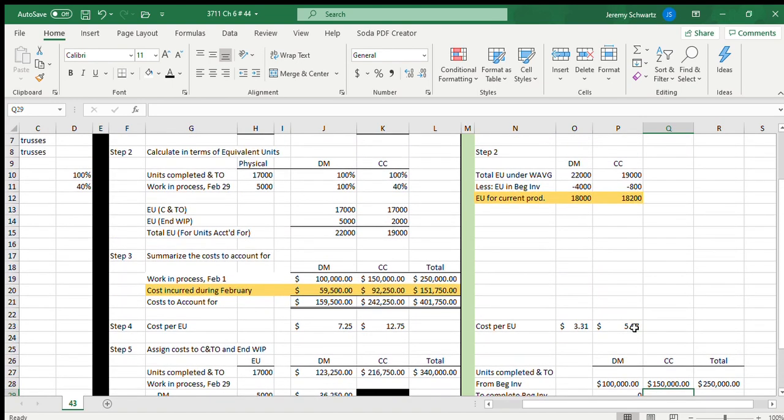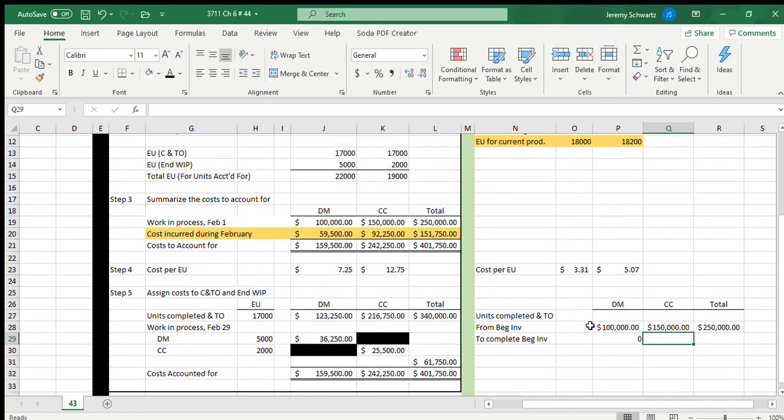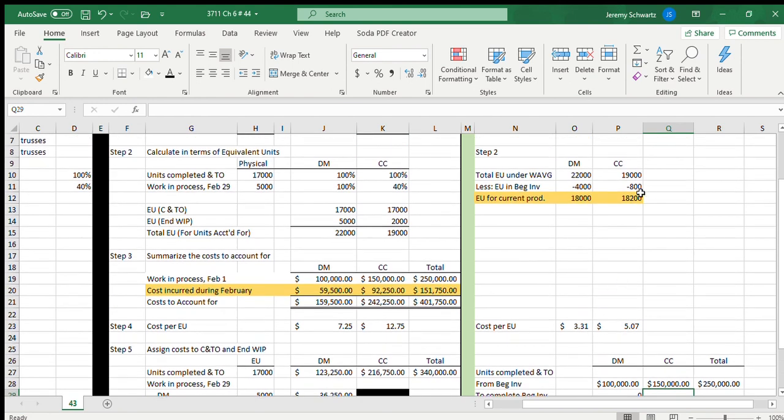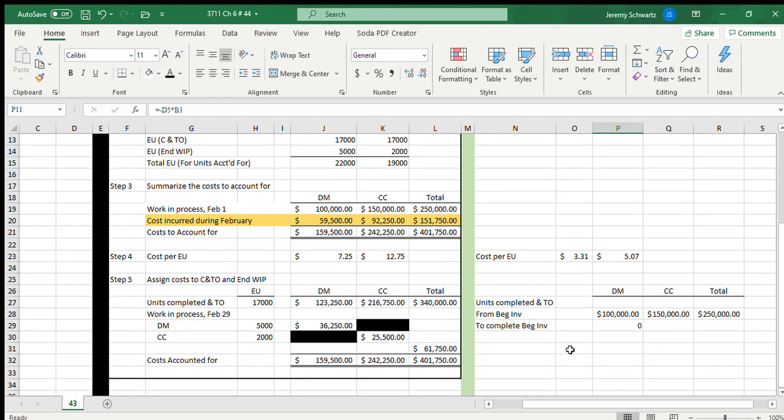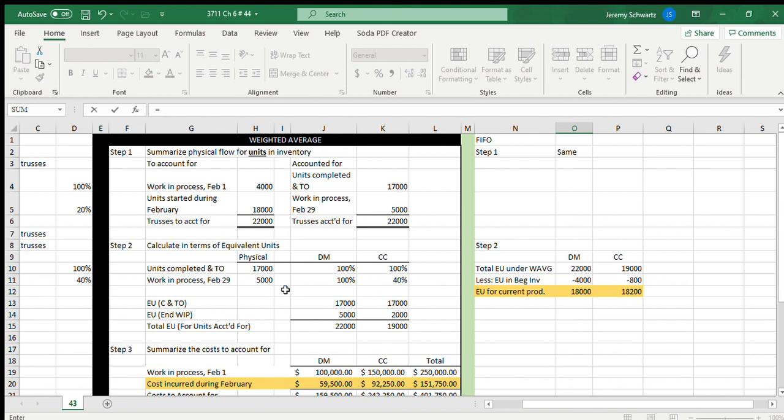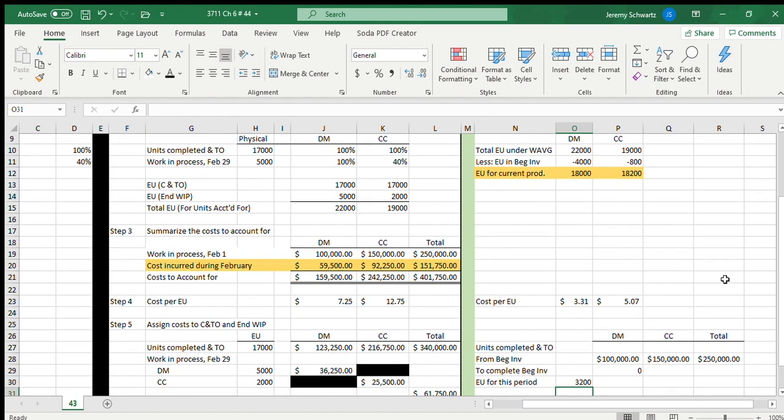But the conversion costs, since we had 4,000 units in beginning inventory, the equivalent units for this period for conversion would be the 4,000 units that were in beginning inventory plus the 8,000 that were before.